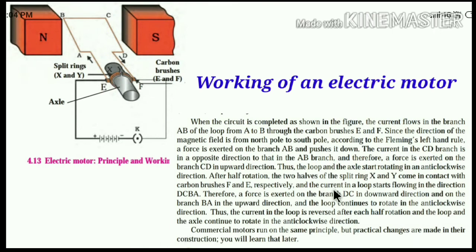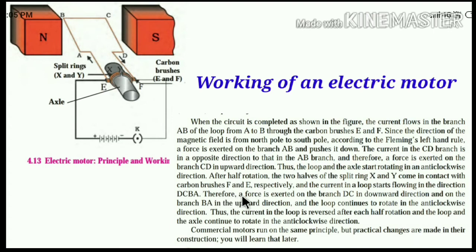The current in the loop starts flowing in the direction DCBA. So this D takes the position of A, and this C takes the position of B. Hence, the current starts flowing from D, C, B, A.